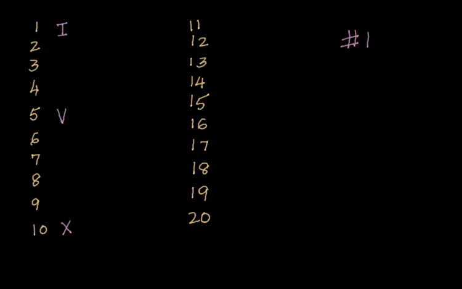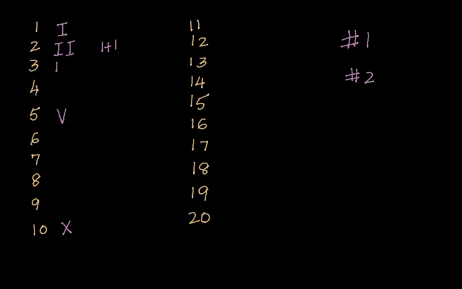Now we'll look at rule number 2. According to rule number 2, we can make use of addition of two numbers to write the Roman numerals. So for example, if we want to write 2, we can write two 1 symbols side by side. So when you write two symbols side by side, that means you're adding them. So 1 plus 1 is 2, so we can write two 1 symbols to make it 2.